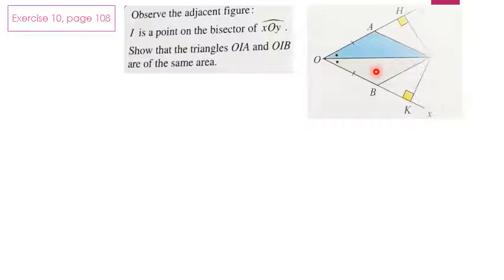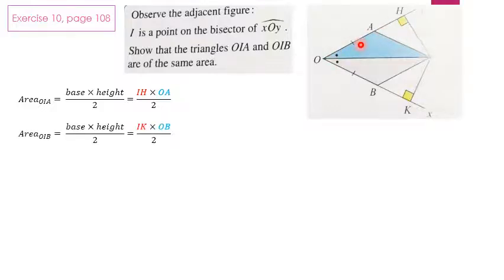How to find the area of the triangle? It's height times base over 2. We know it from grade 5. The area of OIA is the height, which is IH. In this case, it's outside the triangle. Height times base, which is OA, over 2. And the area of triangle OBI is the height, which is IK, times base, which is OB, over 2.